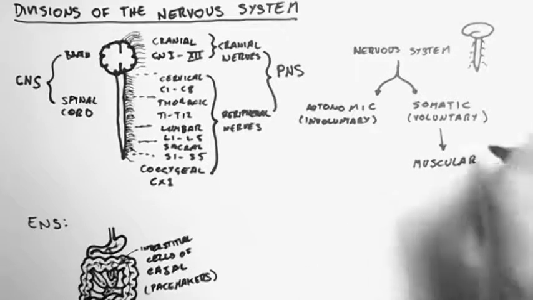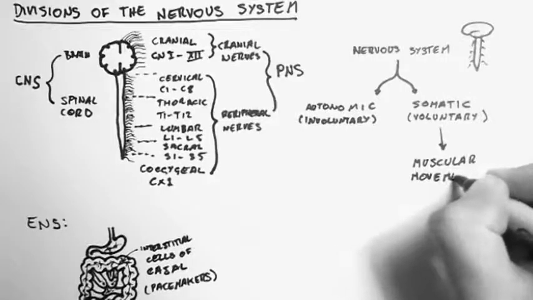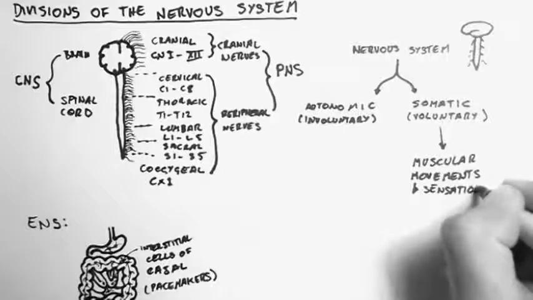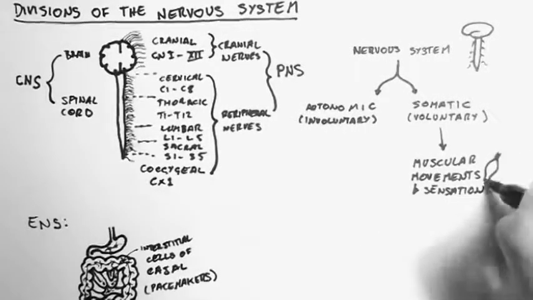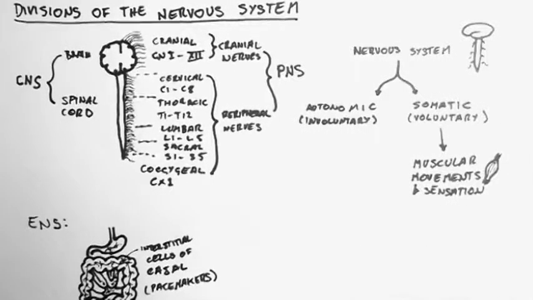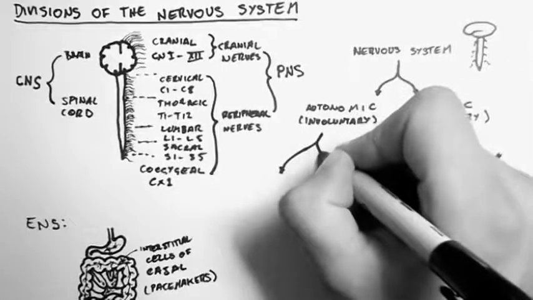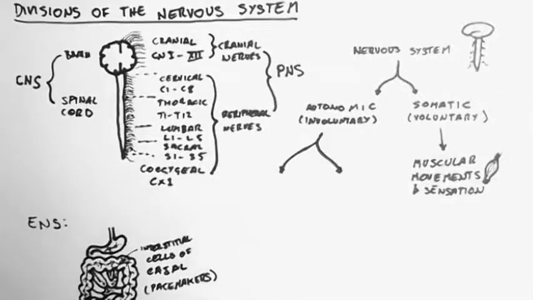Now these are mainly used for muscular movements and also for sensation. Now the autonomic nervous system looks after all our organs which we don't control consciously.